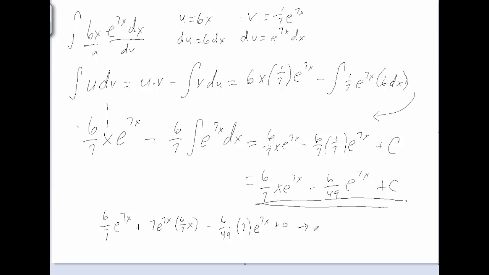So we have 6/7 e to the 7x. This term here, canceling 7 on top and bottom, we get minus 6/7 e to the 7x. And this 7 and the 7 cancel, we get 6x e to the 7x. With those two canceling, we get 6x e to the 7x.